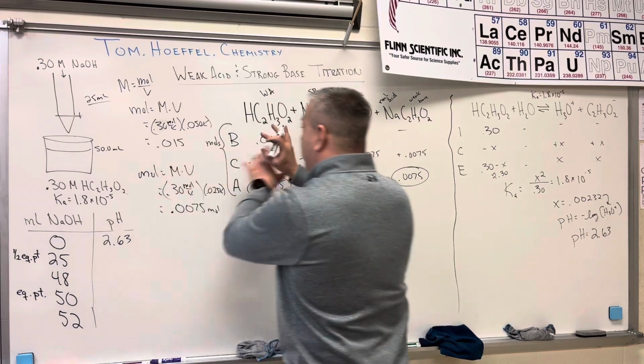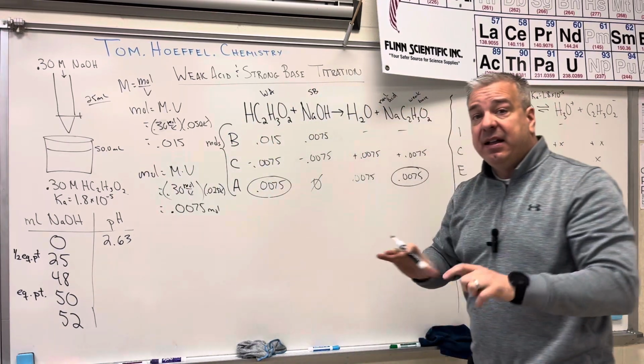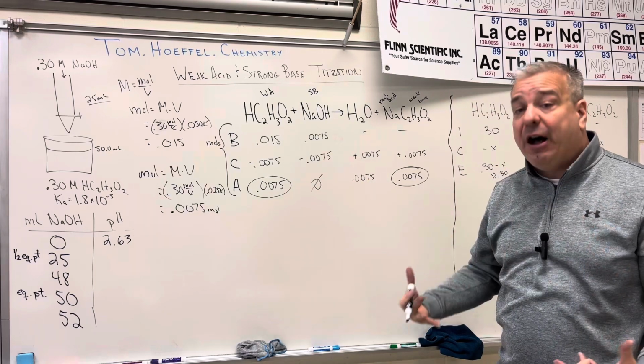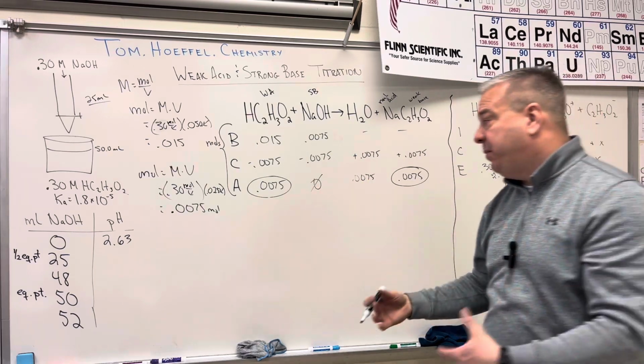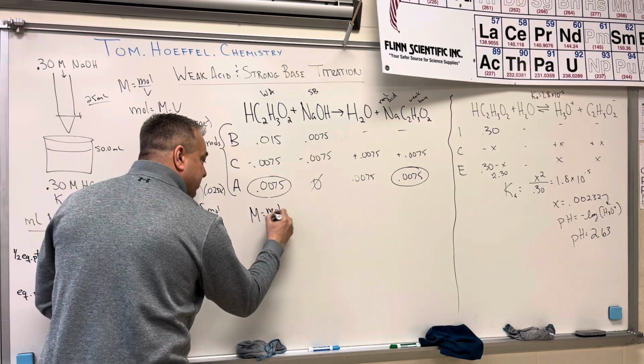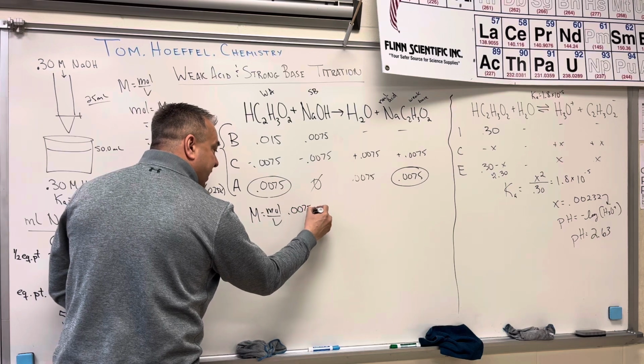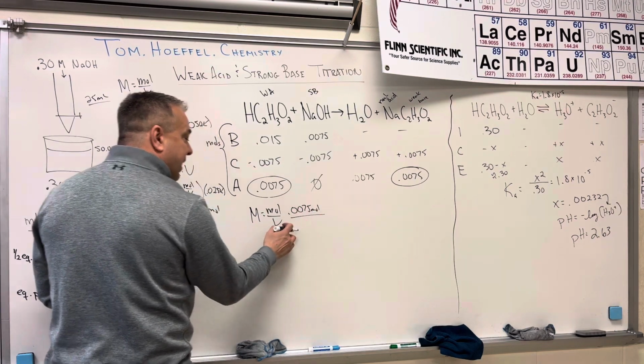We put them into moles so that they can chemically react, but when they're done chemically reacting, the mole unit isn't very helpful to us, so we're going to put it in molarity units. We're going to take these moles, 0.0075 moles, and divide by the volume.